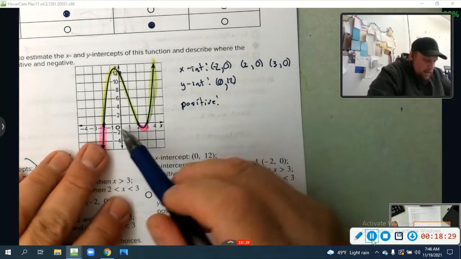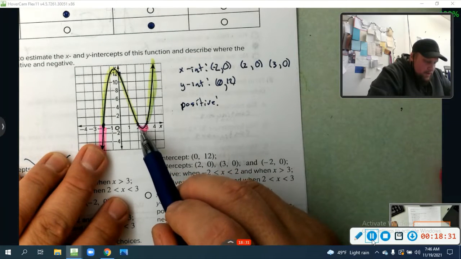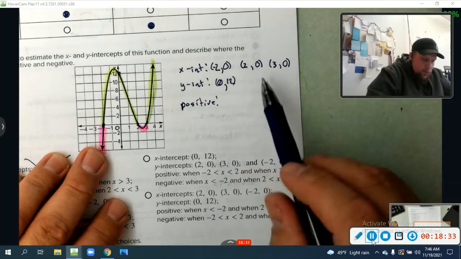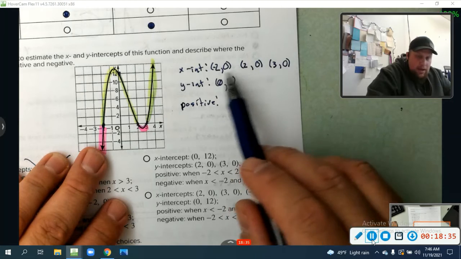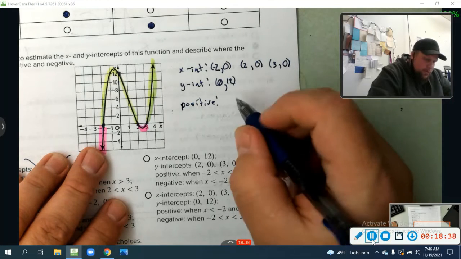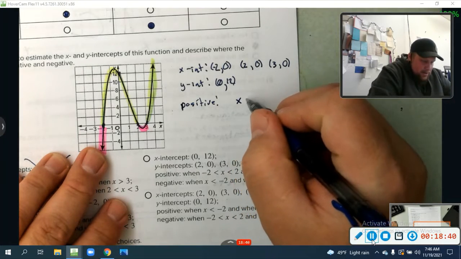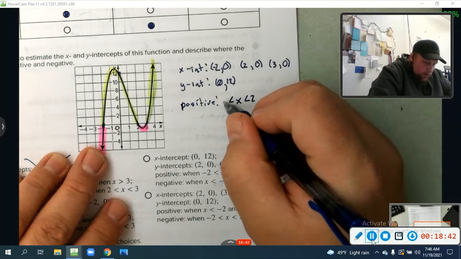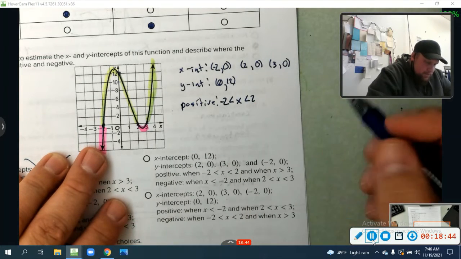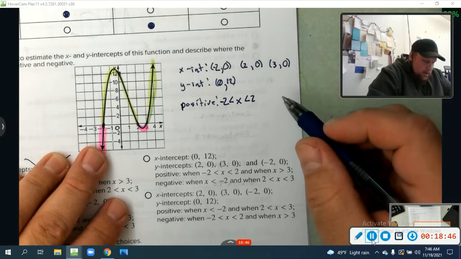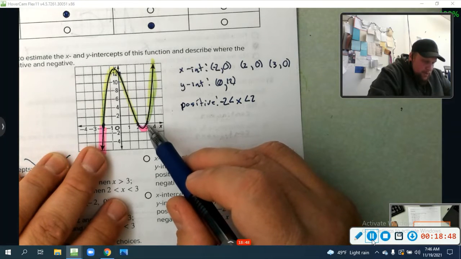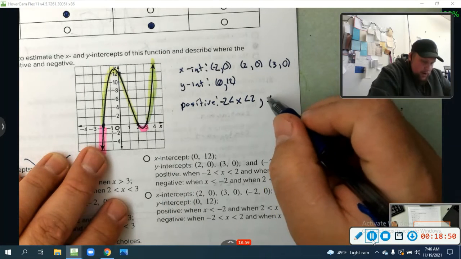And it's positive when x is in between 2 and negative 2. Remember, we're going to use the x-intercepts really as our boundary points. So when x is less than 2 but greater than negative 2, right? It's also positive, we see at 3, when x is greater than 3.